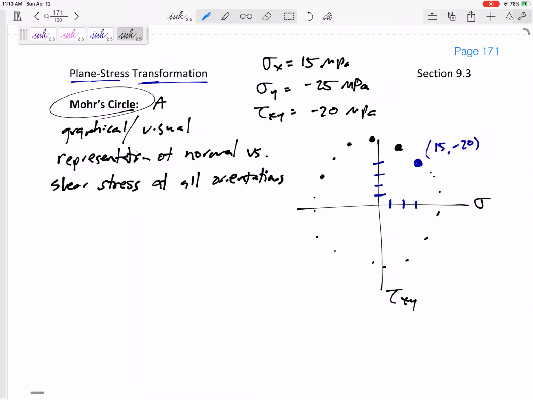Maybe this was my starting point, my original point, and every other orientation is somewhere on this circle. This is not a good circle, but that should be a good circle. This is Mohr's Circle, which shows the stress at all orientations.